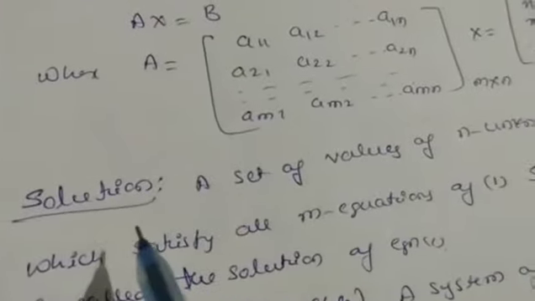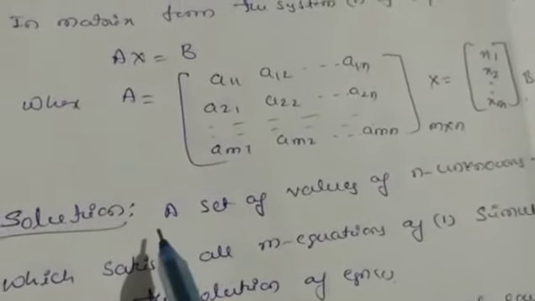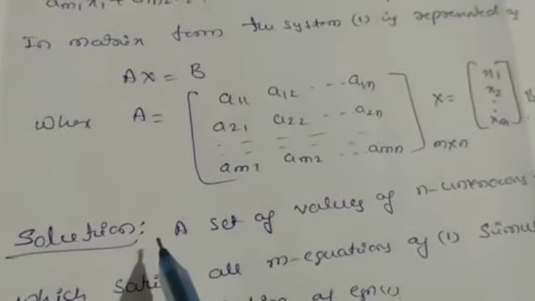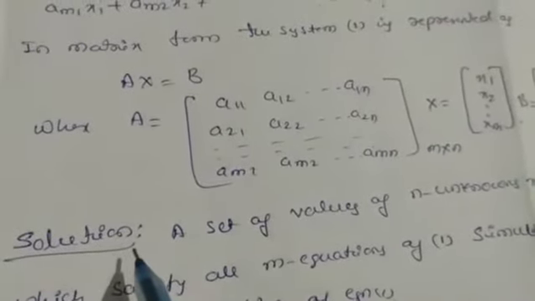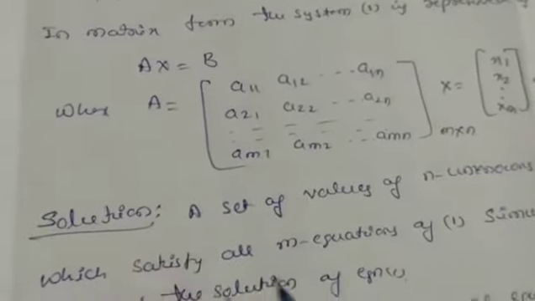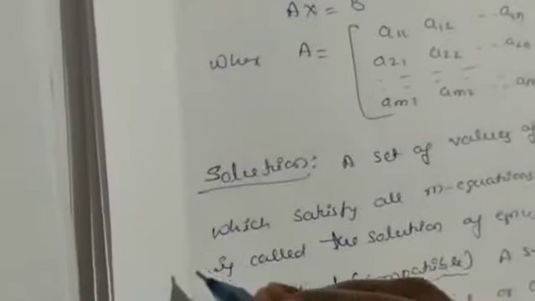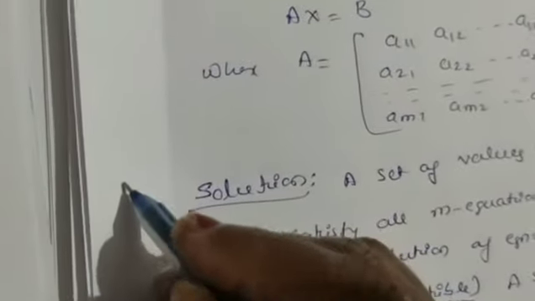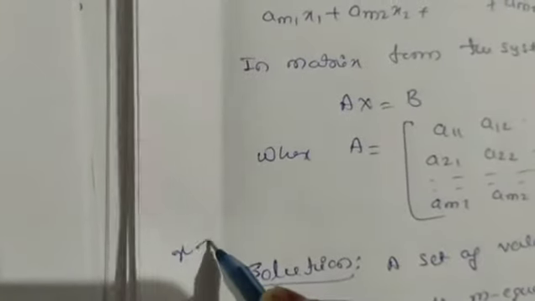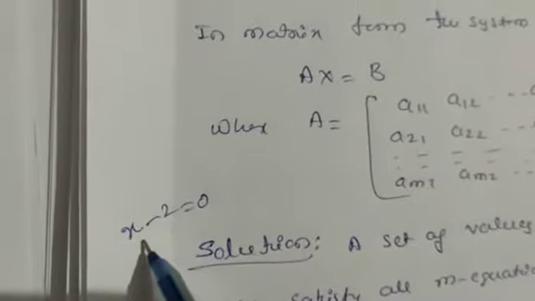Now, solution. I hope you know the meaning of solution. Solution of any equation means the values of the unknowns that satisfy that equation. Suppose we have the equation x minus 2 equals 0.